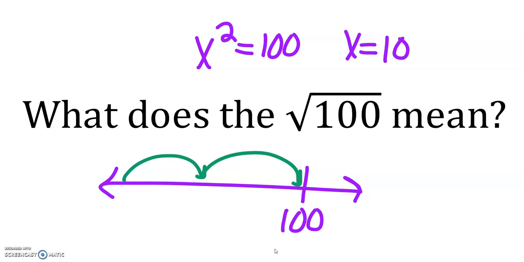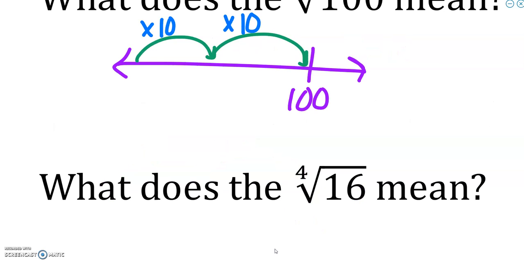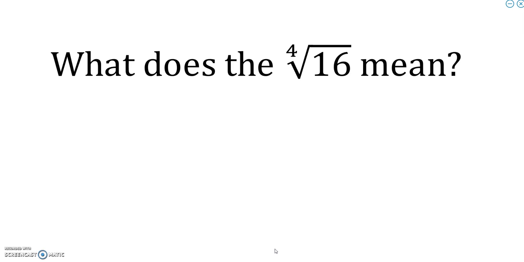What does that number need to be? What do we need to multiply twice to get to 100? We would need to go times 10 times 10. So the square root says, what does that number have to be if we just take 2 steps to get to 100?